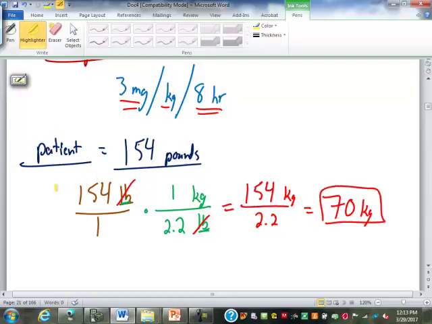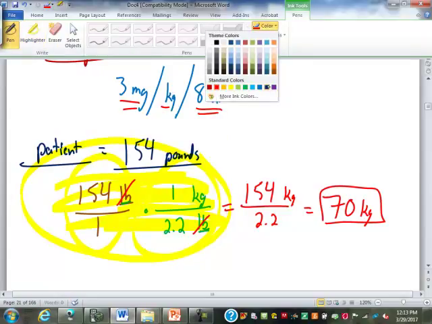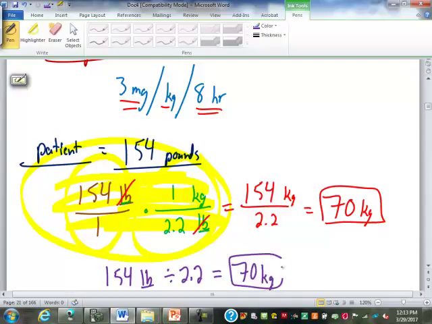Now this calculation right here, going from pounds into kilograms, happens enough for us when dealing with dosage and dealing with patients, that rather than filling out this conversion every time, making it a fraction and multiplying by a conversion factor, we are going to go ahead and just say you take your weight in pounds, divide it by 2.2 to get their mass in kilograms.